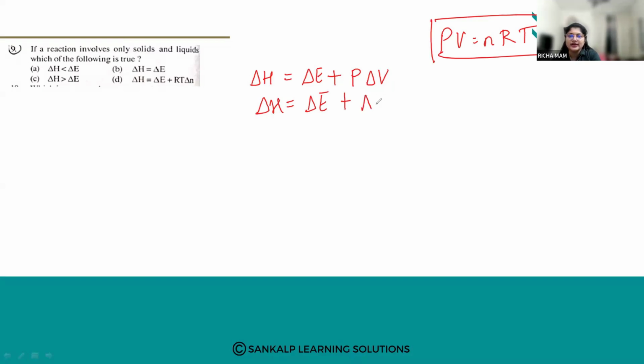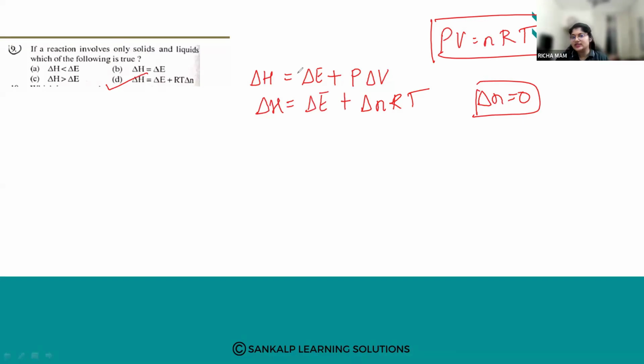So we can also write delta nRT. Here delta n is equal to 0. So if a reaction involves only solids and liquids, which is the answer? It is option number D.